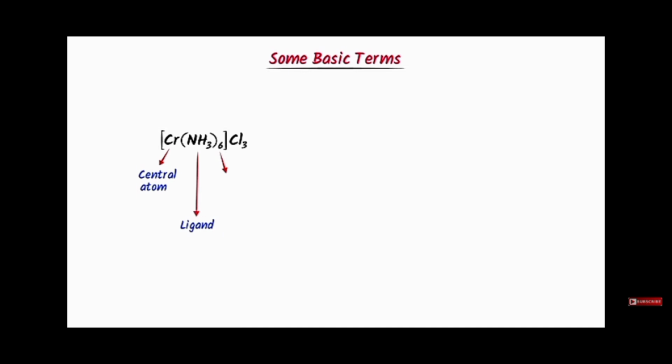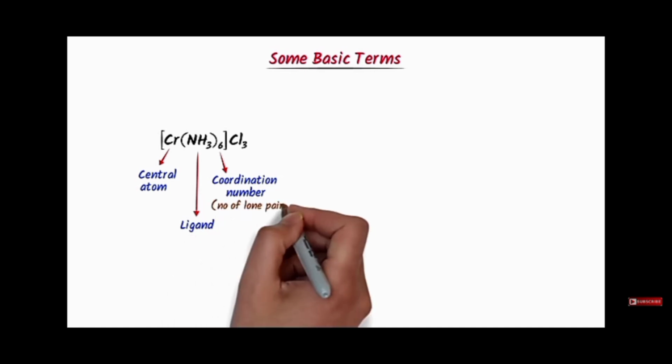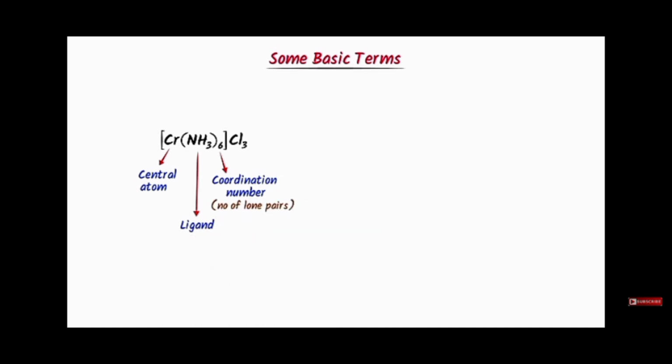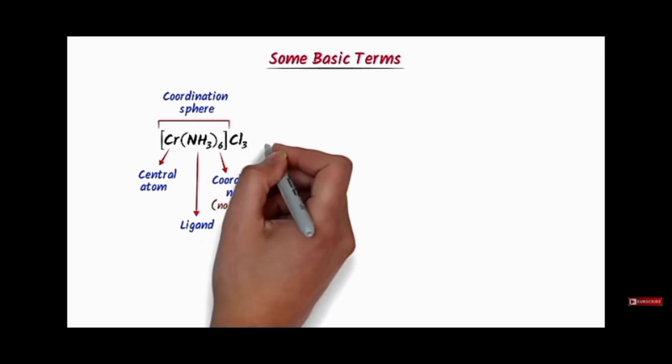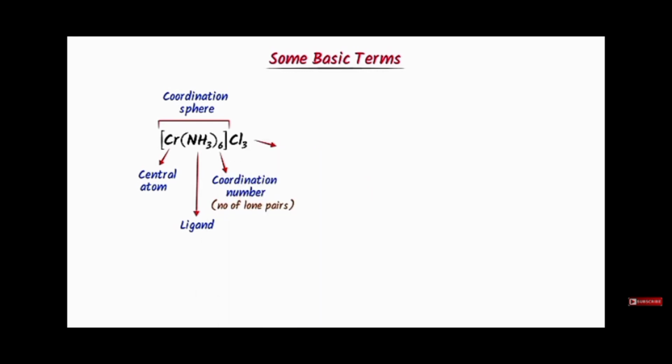One molecule of NH3 donates one pair of electrons. 6 molecules of NH3 donate 6 pairs of electrons. We call this 6 the coordination number. Remember that the coordination number shows the number of pairs of electrons donated. This chromium, NH3 and the square bracket is called the coordination sphere or coordination entity. This chlorine outside the bracket is called the counter ion.